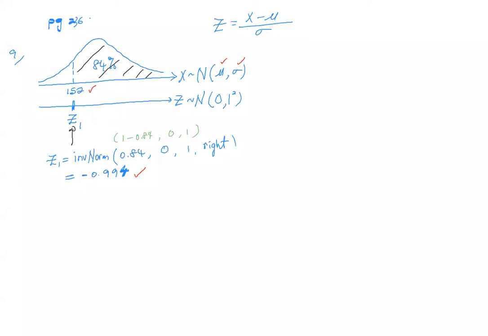Negative 0.994 equal to 152 minus, this one read as mu, and this one read as sigma. So I got one equation with two unknowns, can you solve? Cannot. So I rewrite this: 0.994 standard deviation equal to 152 minus mean.